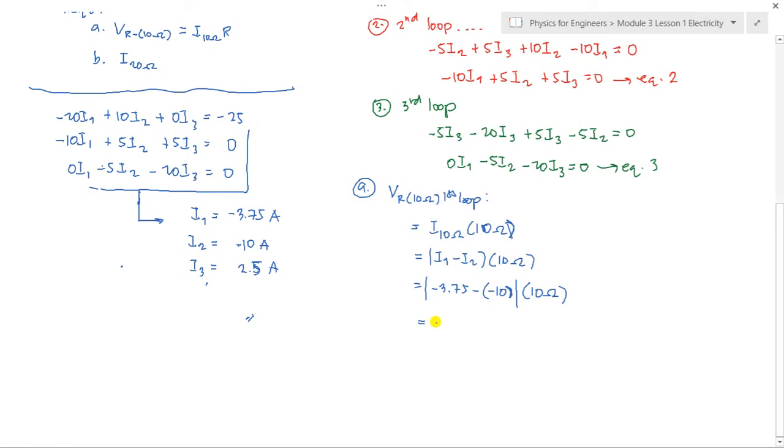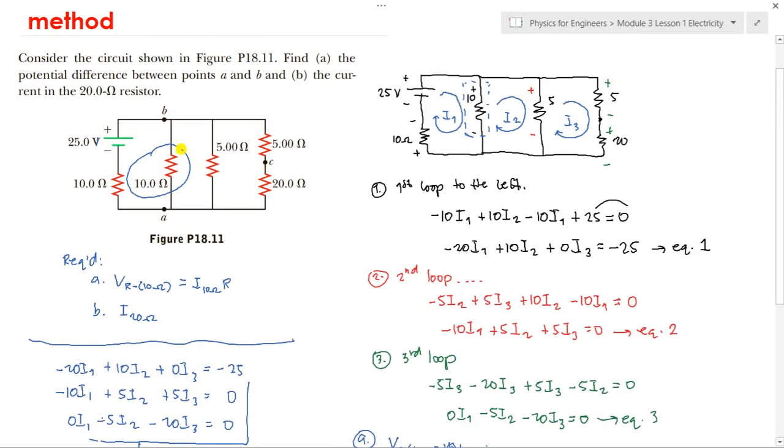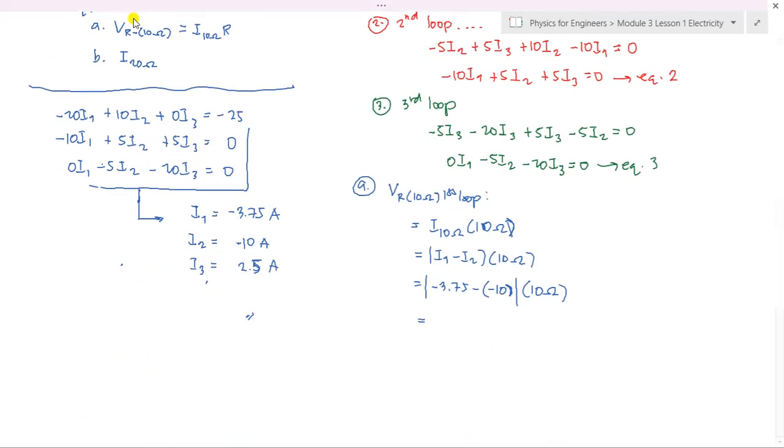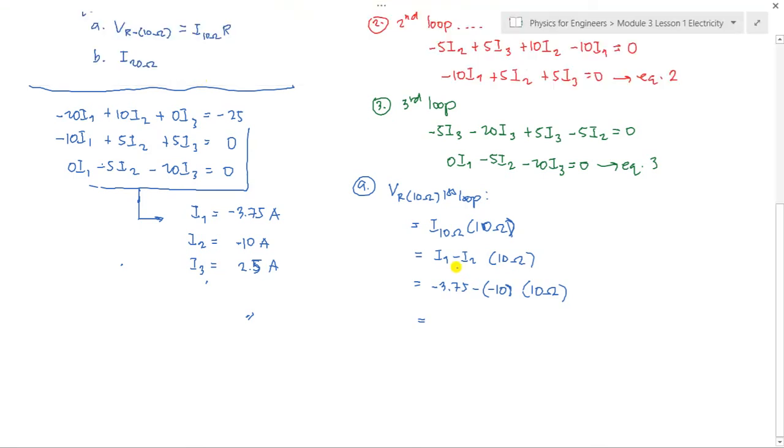Or you can ignore the absolute value. Anyways, the interpretation of a negative voltage is that it is the opposite sign, meaning maybe B is not the higher potential, maybe A is lower and B is higher potential. However, if we did not take the absolute value, the answer is still positive, meaning B is at higher potential, because the answer here is 6.25.